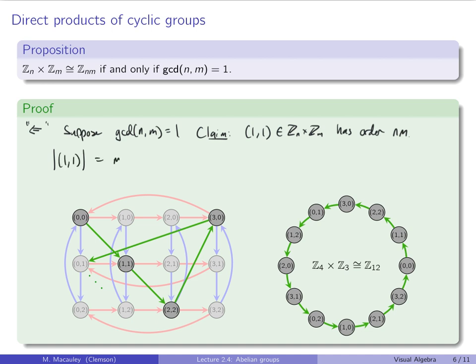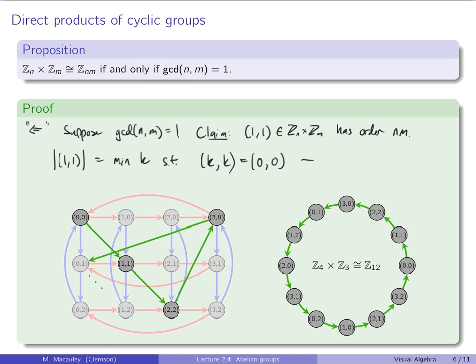is the smallest, so the minimum positive integer k, such that (k, k) is what happens when you add this to itself k times. And this has to be the 0 element in the group. So that's what I mean by the equal sign. So it means k has to be 0 mod n and 0 mod m, which means that k is a multiple of n and m.